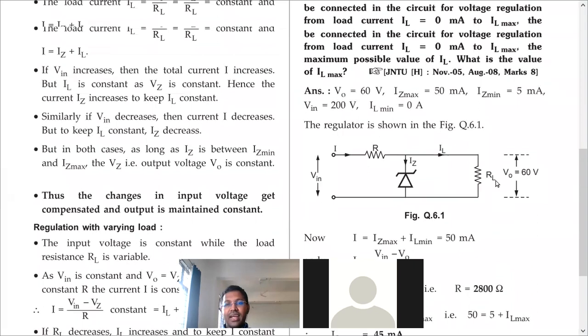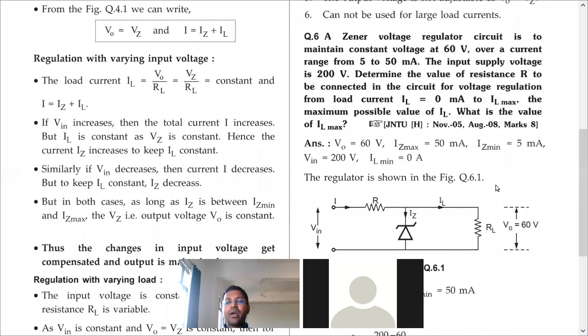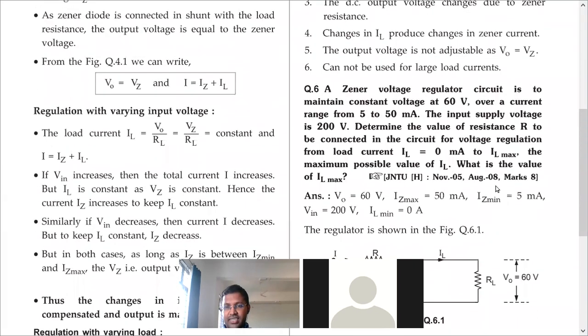Finding R completed. Second part, very easy. They are asking what is the value of IL max. Again, the other formula for I we have to use. What is the other formula for I? When IL is max, IZ will be min.